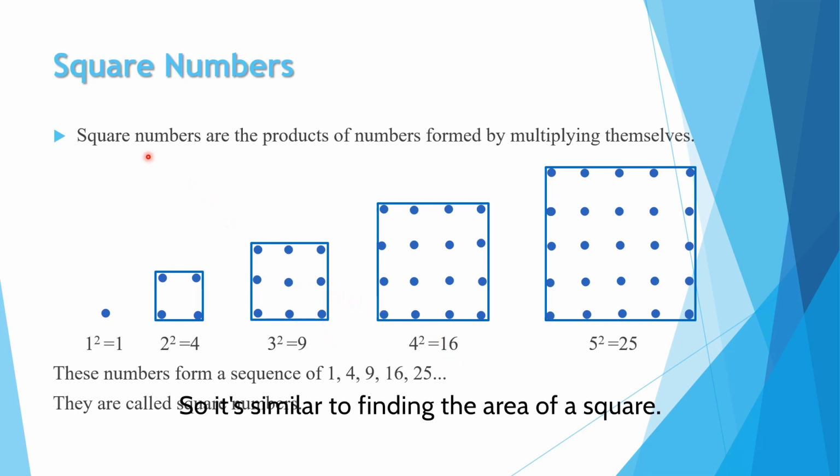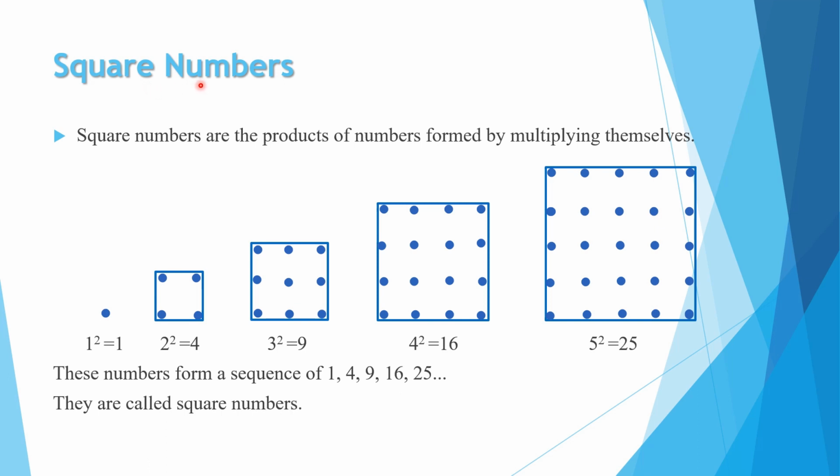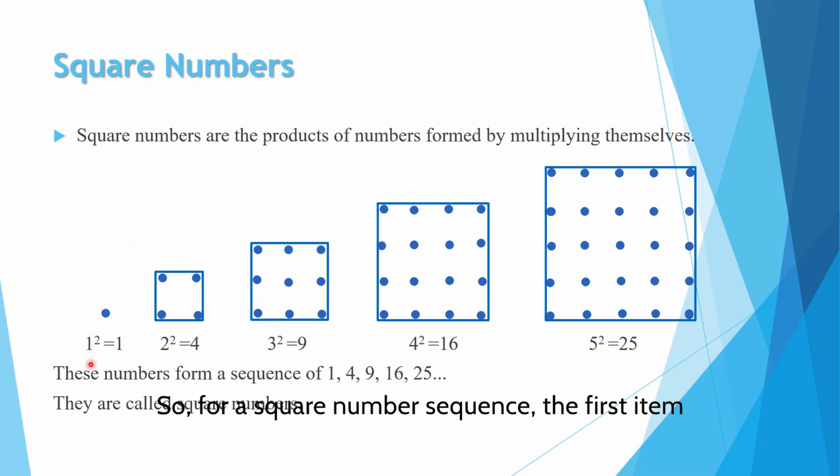So it's similar to finding the area of a square. That's why we call this type of sequence square numbers. So for a square number sequence, the first item should be 1 because 1 times 1 equals 1. And the second item is 2 times 2, which is 4.